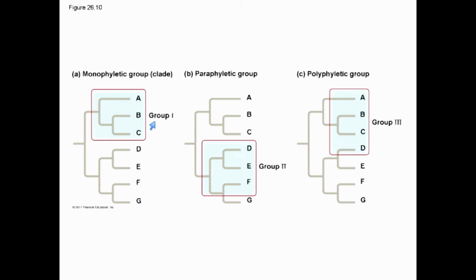Okay, so looking at group 1, this is a clade. Here is our common ancestor. Okay, so that's going to branch. We've got a branch that goes to A. We have another branch that's going to branch again to give us B and C. Group 1 is a valid clade because this is considered to be the common ancestor for that group.